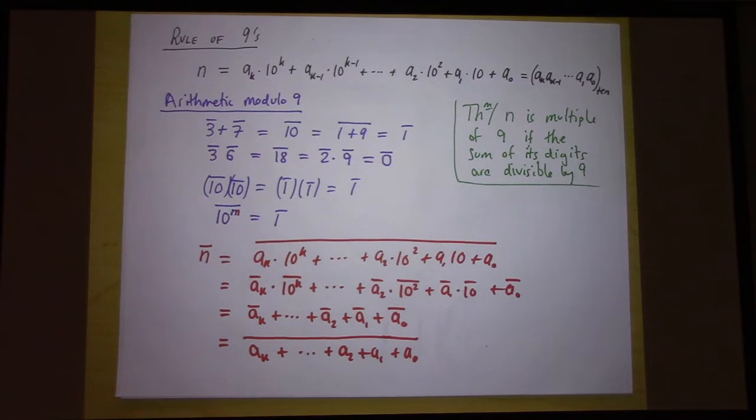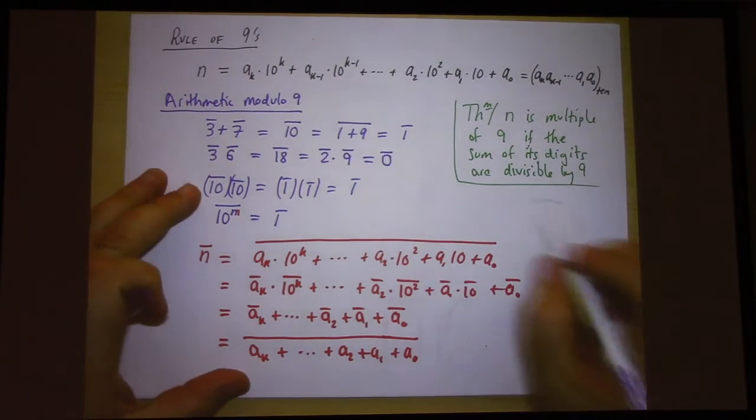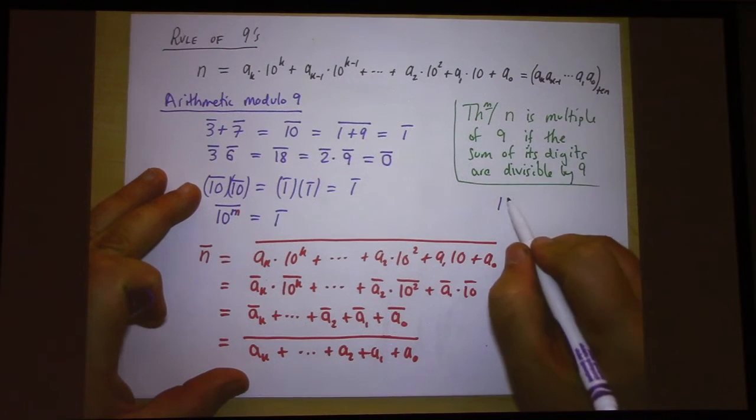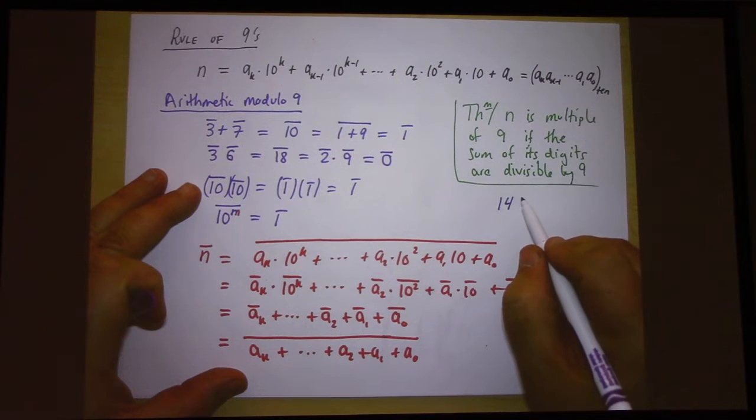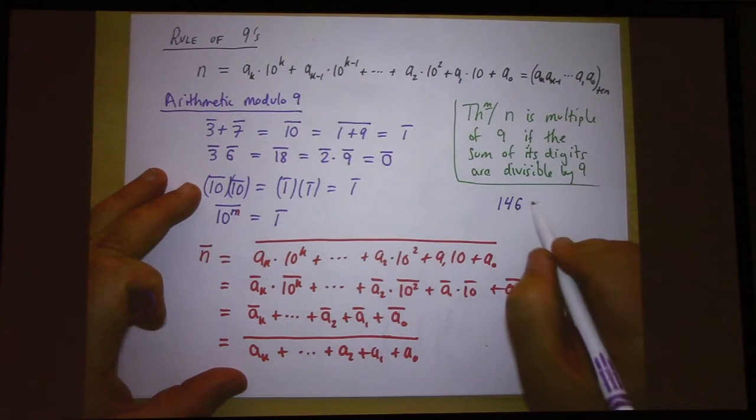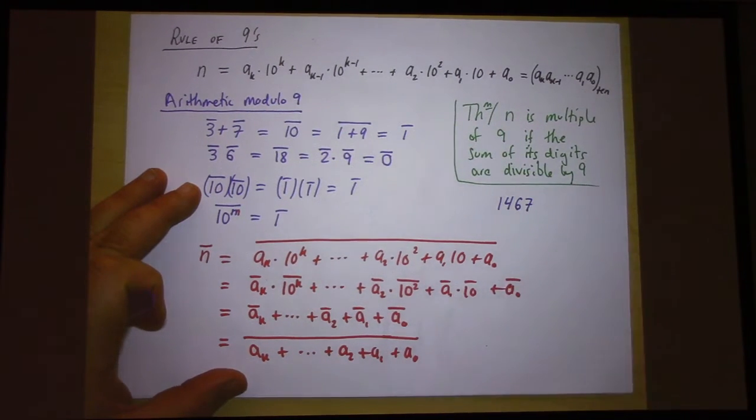And let's try this out. So if we take, like, 1467, is that divisible by 9?